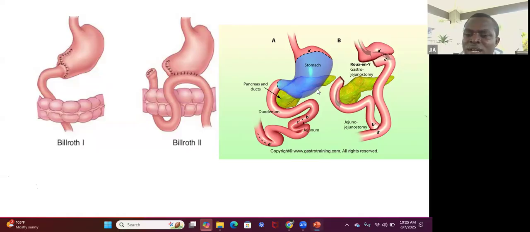Okay, they can do this kind of surgery for you. So think of peptic ulcer too. And when it comes to peptic ulcer, you have part of the intestines also involved. So that part and the parts of the stomach which have been involved, they will all be removed.